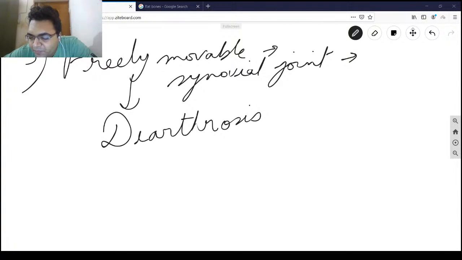How does it happen? A specific fusion happens of an infant's left and right frontal bones. Then you have the mature bone, this frontal bone, that is produced. Then you have this specific cartilaginous joint, but it is again non-movable.